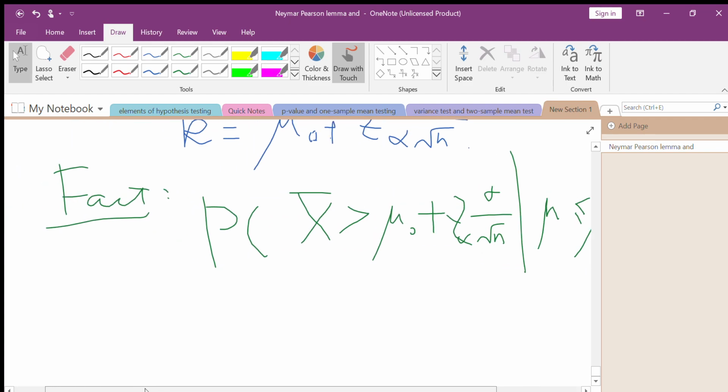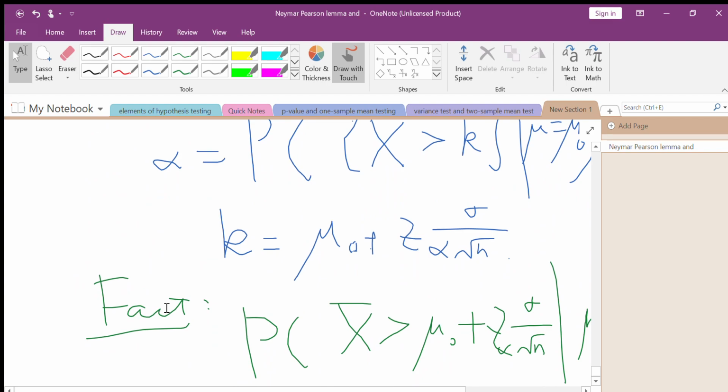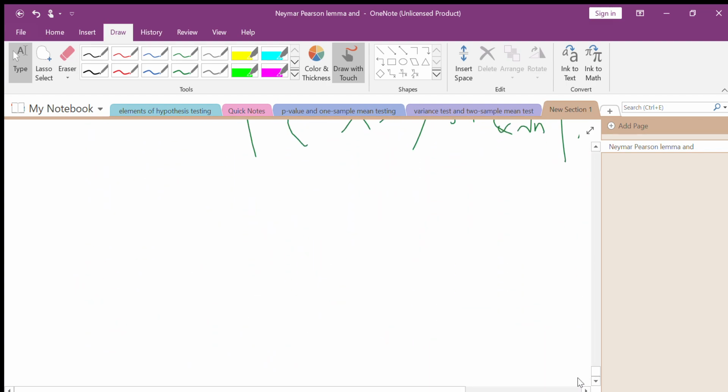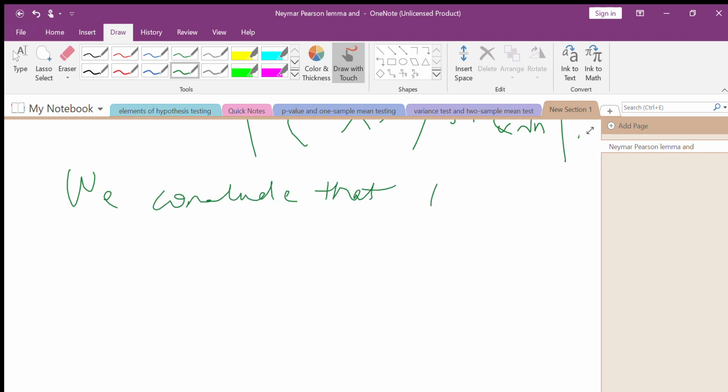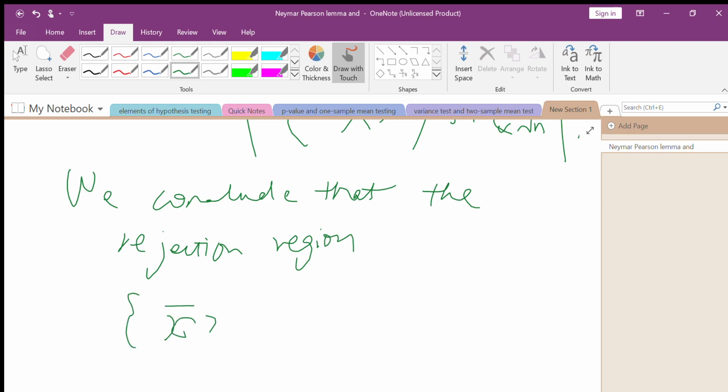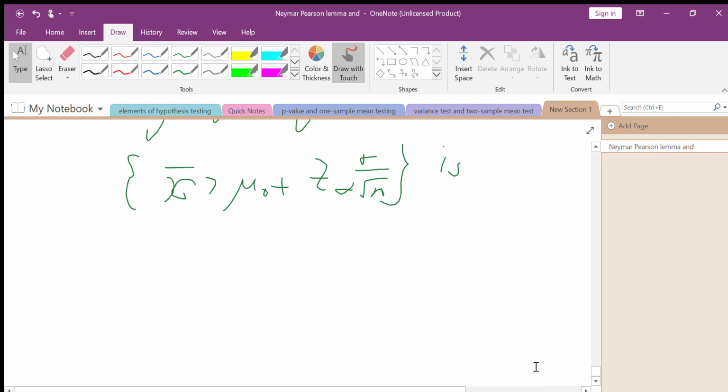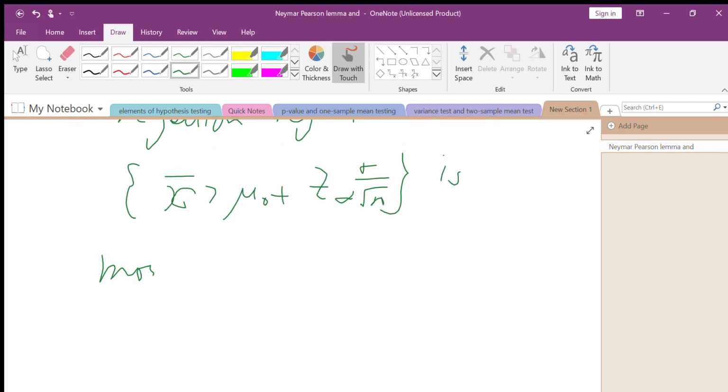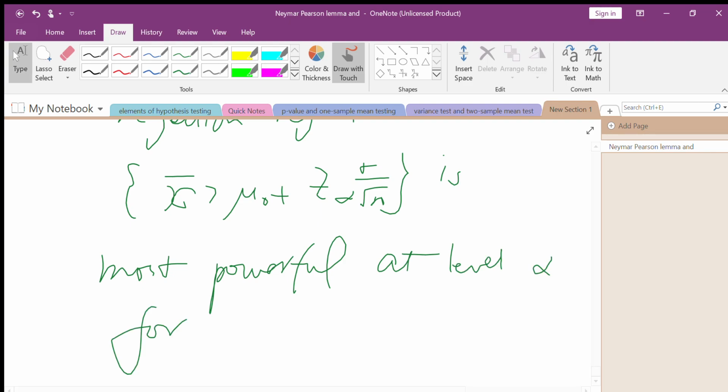So with the help of this fact, we conclude that the rejection region x bar greater than mu 0 plus z alpha sigma divided by square root of n is most powerful at level alpha for single-sided hypothesis testing.